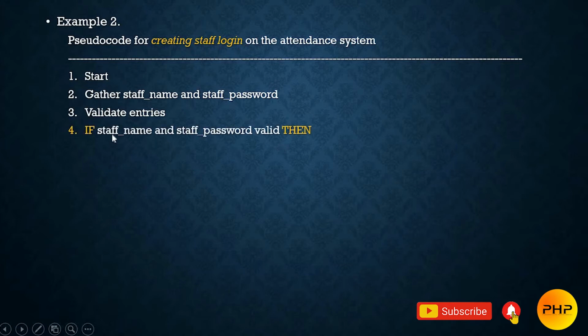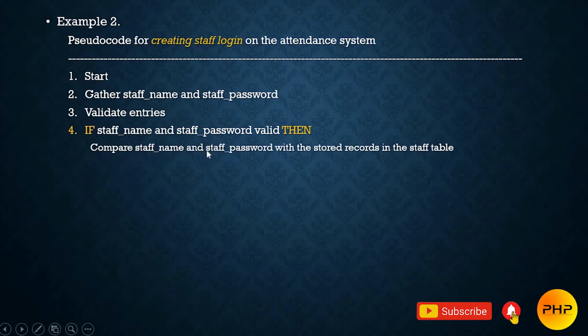Then we test it. If the staff name and password are valid, then we compare the staff name and the staff password with the stored records in the staff table. When I talk of table here, I'm talking of database.